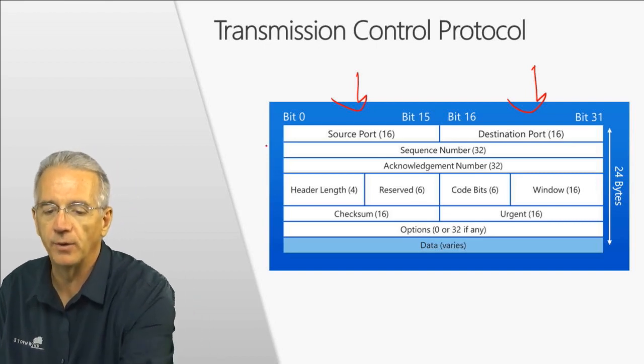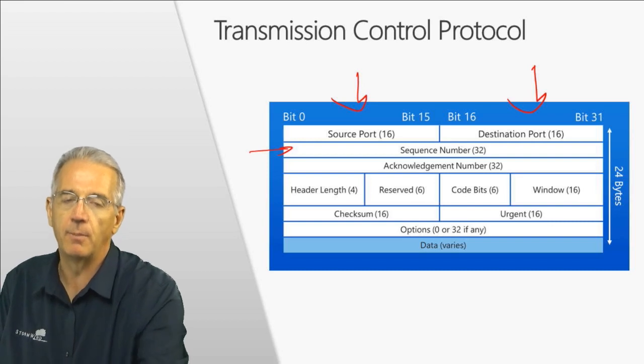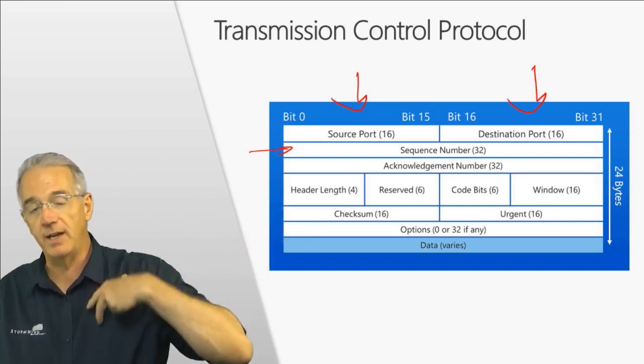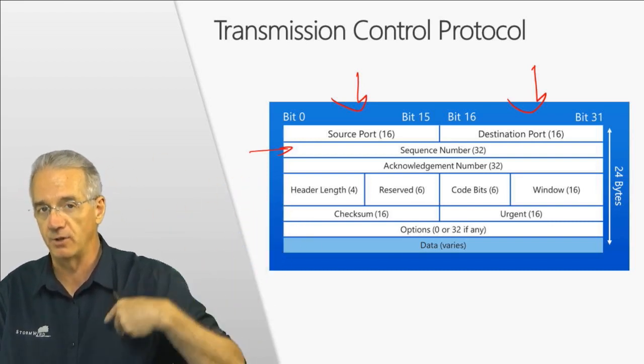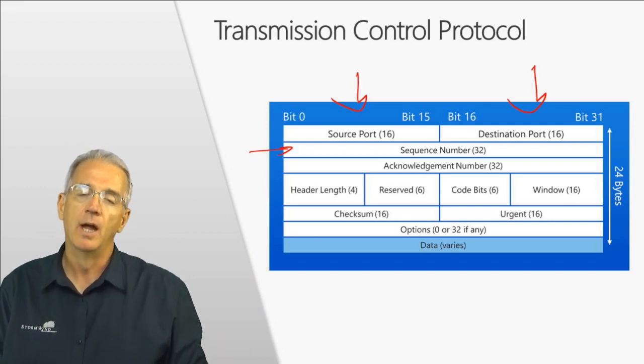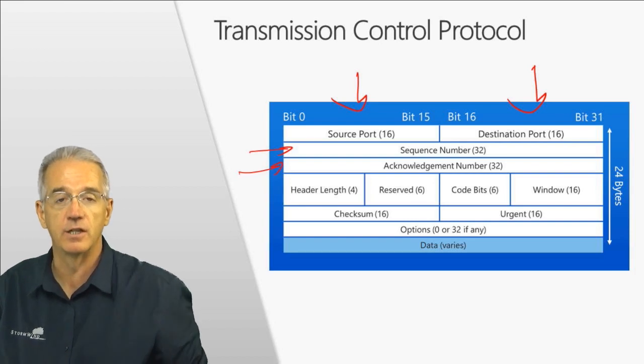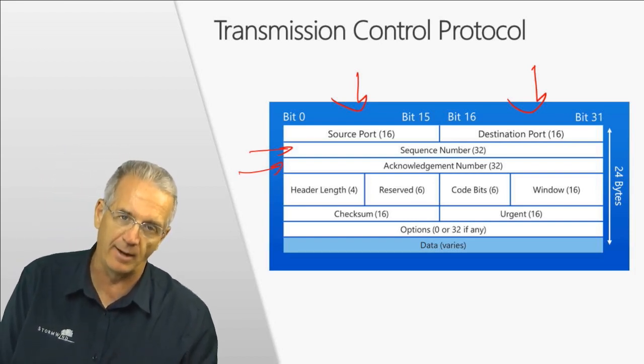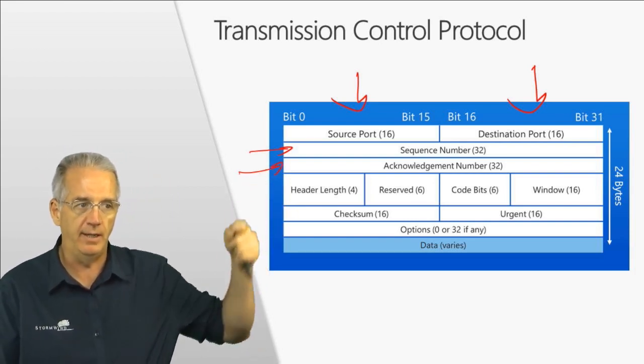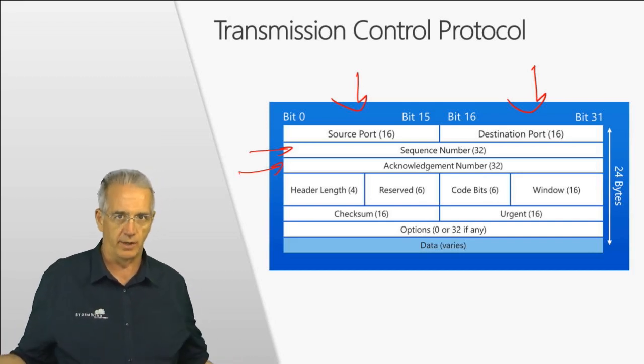We also have sequence numbers. The sequence number comes from the sending machine and tells you your sequence number. And they also may do an acknowledgement number that says, I acknowledge, this is the one that I'm expecting next, the next segment. These two numbers are not necessarily even close to each other.